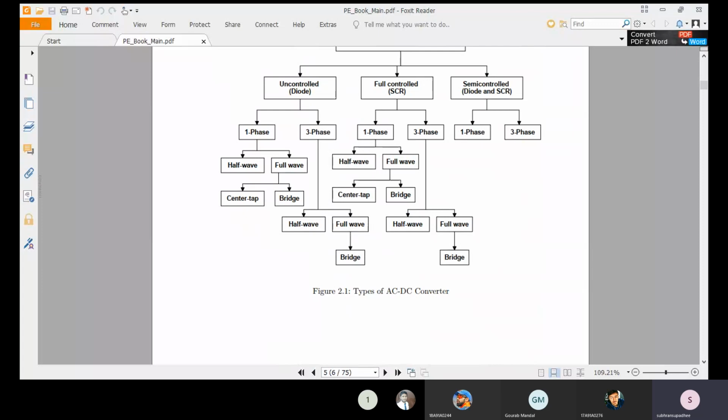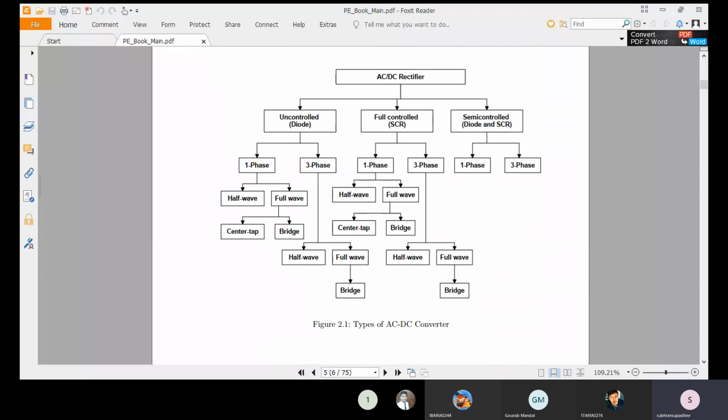So whenever we come to a rectifier, all of you know what a rectifier is. A rectifier is nothing but a device which converts an AC signal to a DC signal, right? So how is the rectifier classified? Rectifier is classified in many ways.